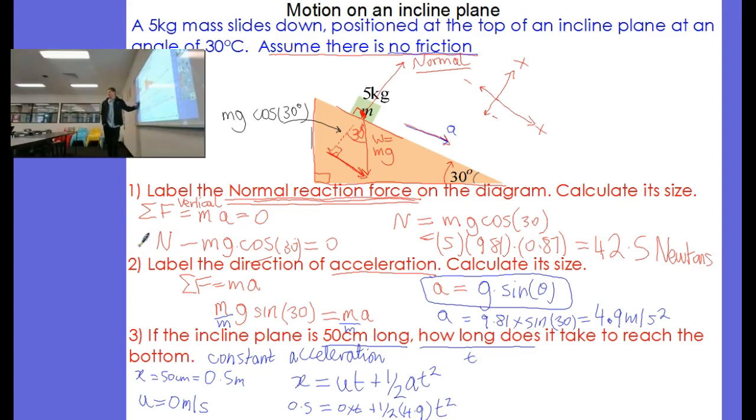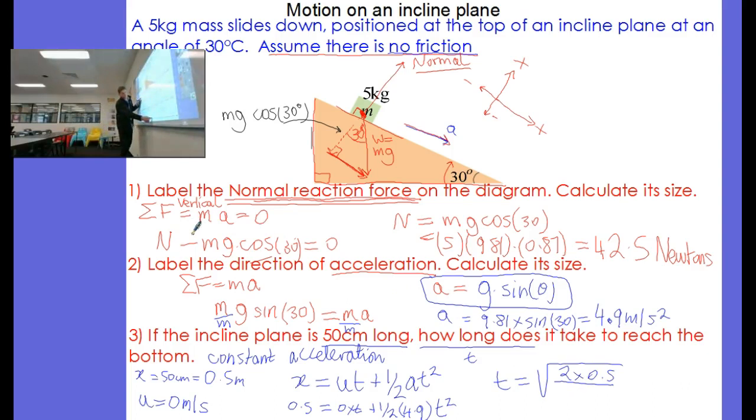Okay? So we've got to transpose and solve for time. Time would then be the square root of, so that's a 0, so that goes away. So we've got a half here on this side. To solve for time, we've got to multiply by 2. So we get 2 times 0.5.